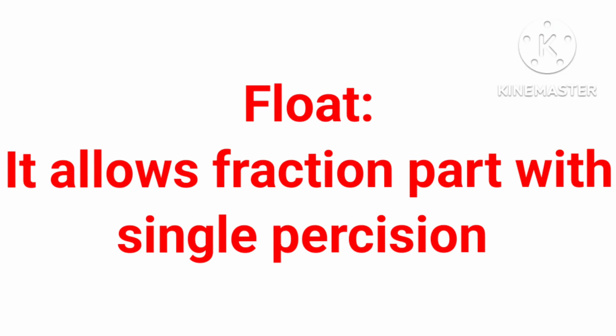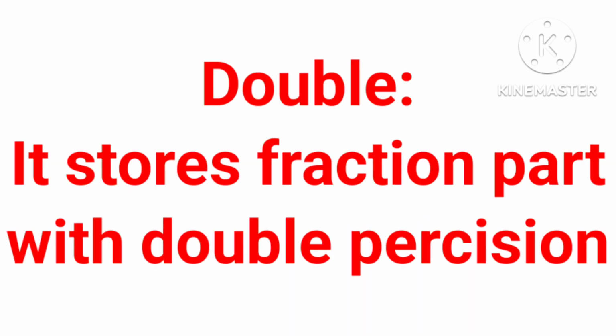Float data type. This data type allows variables to store the integer part and fraction part with single precision. It is declared with the keyword known as float. Double data type. It stores the fraction part with double precision. It is declared with the keyword known as double.